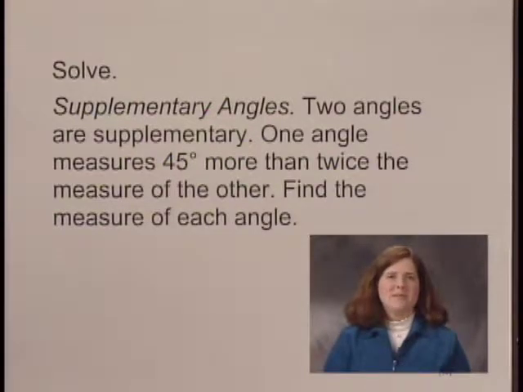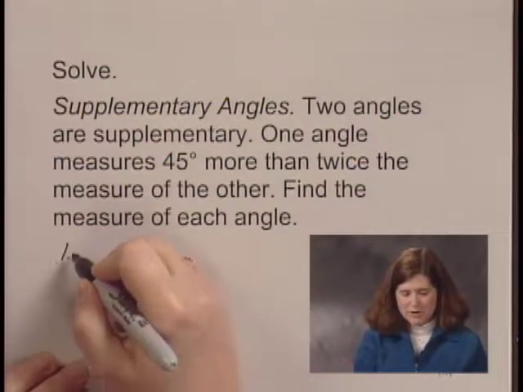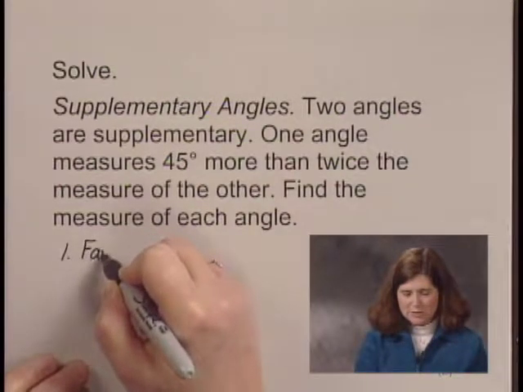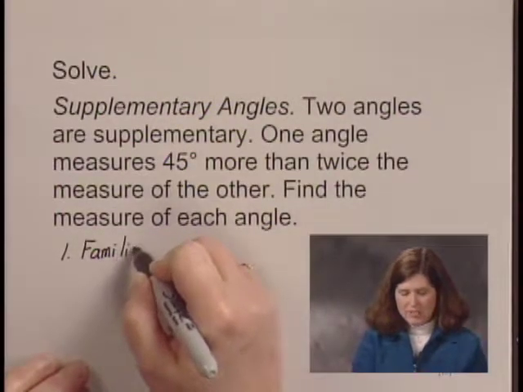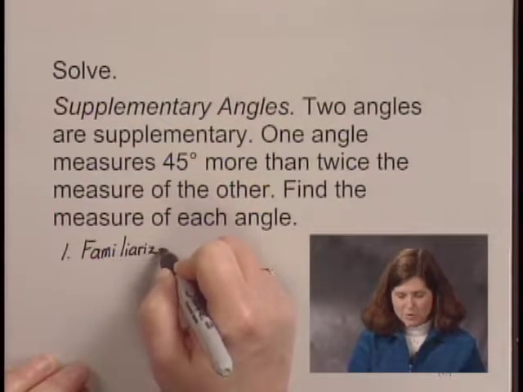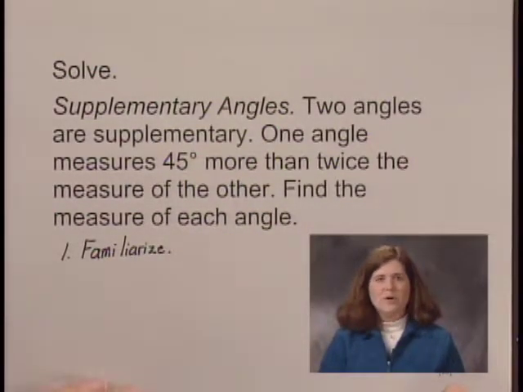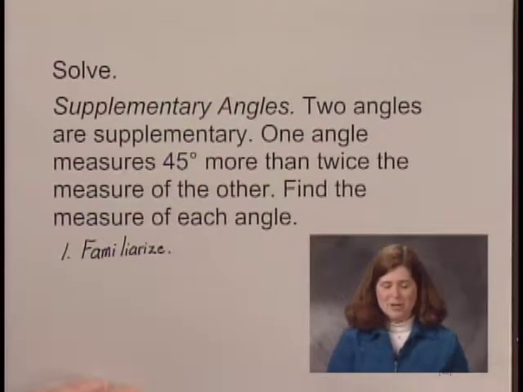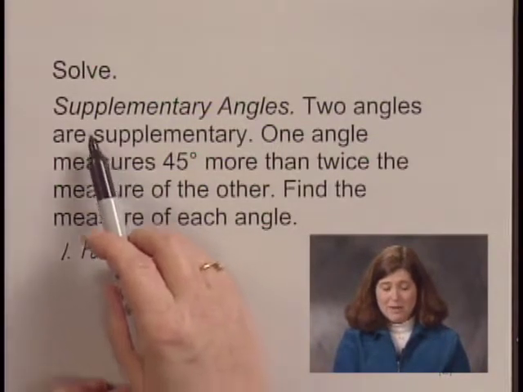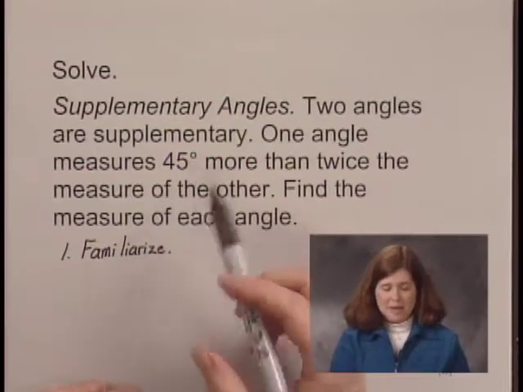We'll use the 5-step problem-solving strategy, and the first step is to familiarize ourselves with the situation. We can do that, first of all, by reading the problem carefully. If there are any words that you're not sure of, you need to know what they mean. One might be the word supplementary.